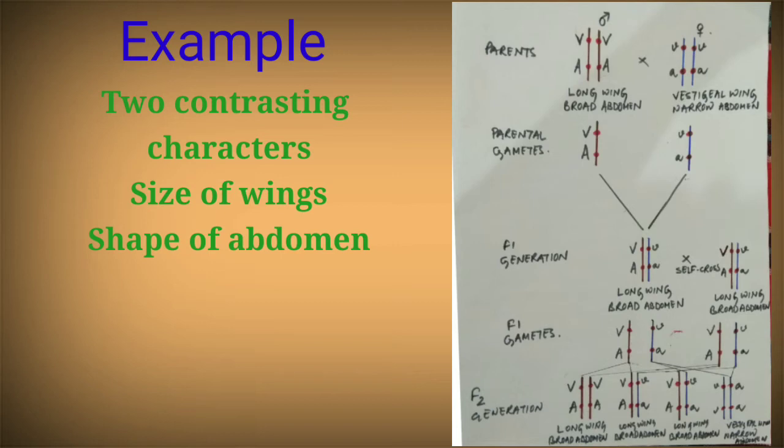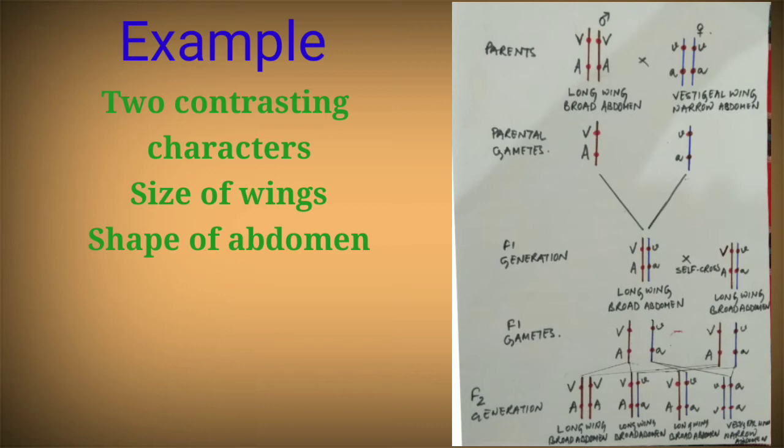The new individual, or the offspring of this cross, will have two types of chromosome: the paternal chromosome with long wing and broad abdomen characters, and the maternal chromosome with the vestigial wing and narrow abdomen characters.